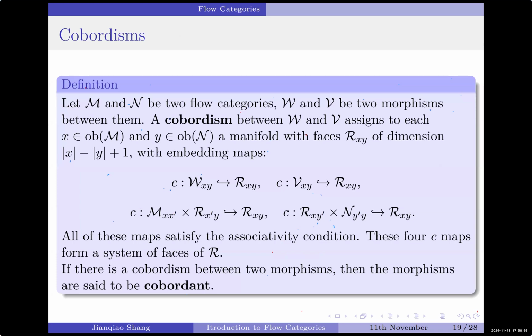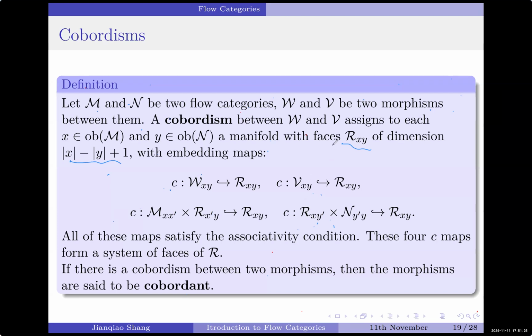Okay, so let's go to the properties. Given two flow categories and two morphisms W and V, a cobordism between them is a one-dimension higher manifold Rxy, and we have the embeddings.